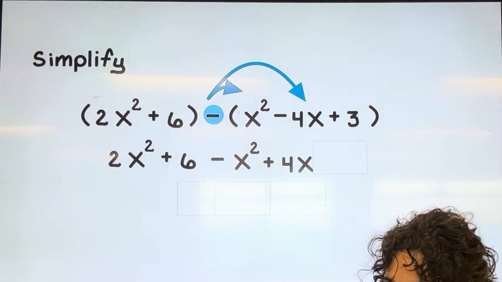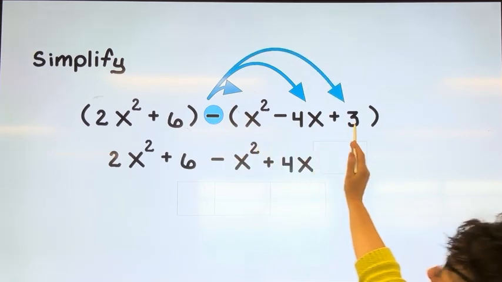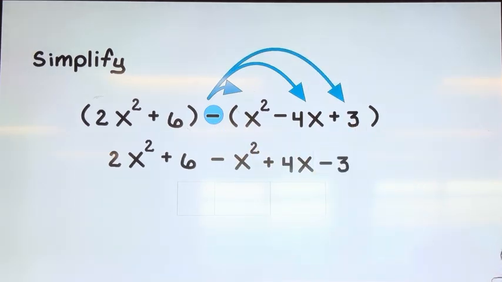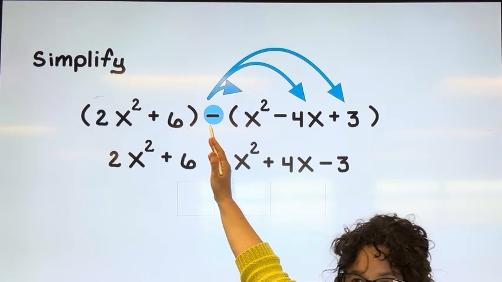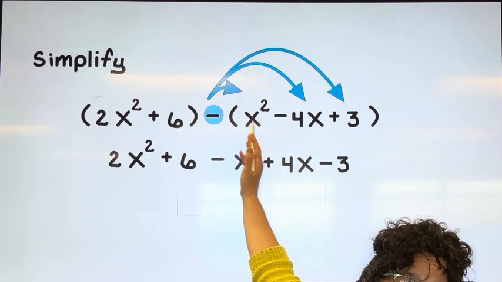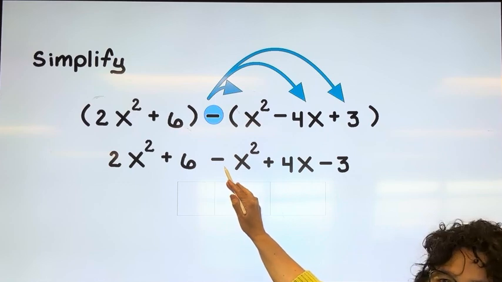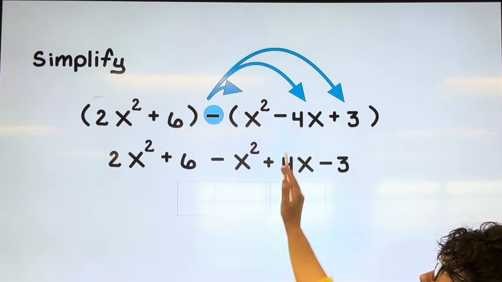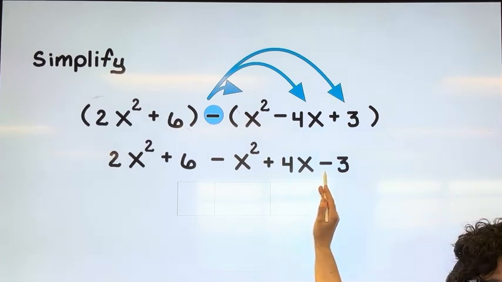And then lastly there, negative 1 multiplied by positive 3 is negative 3. But the quick way to think about that is when there's a negative in front of the parentheses, you're just going to go through and change the signs. So that was positive, so now it's negative. That's negative, so it's now positive. That was positive, so now it's negative.